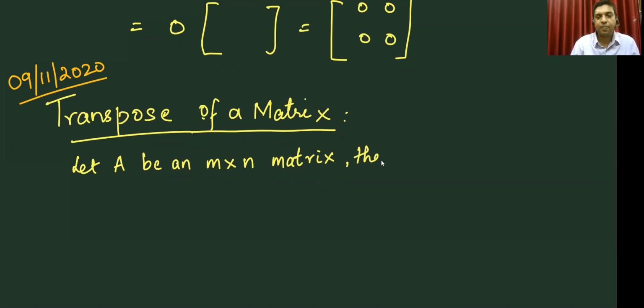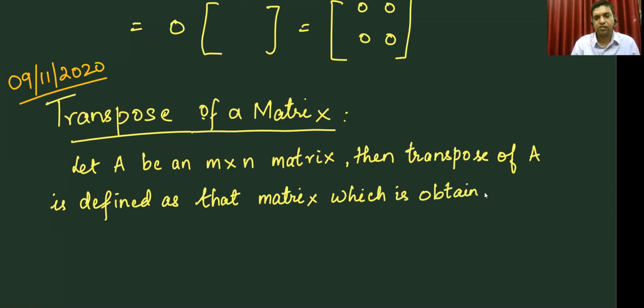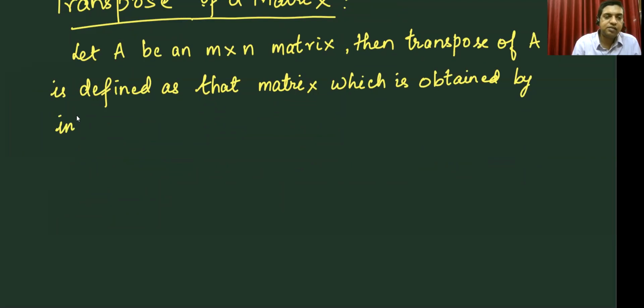Then the transpose of A is defined as that matrix which is obtained by interchanging the rows and columns of A.